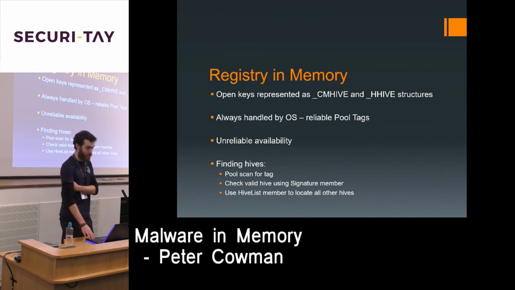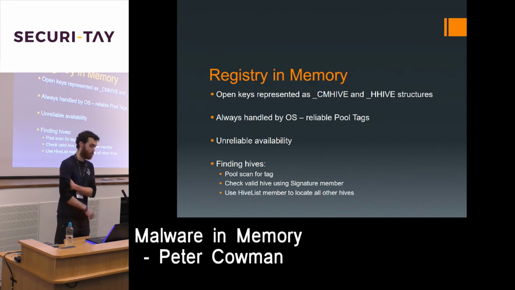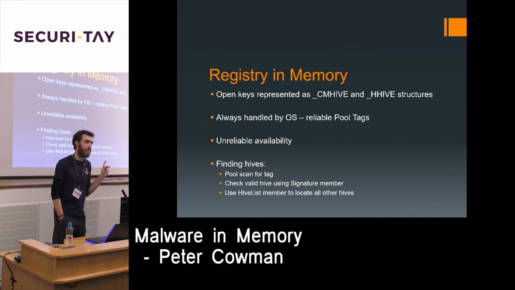So the registry side of things is slightly more complex than the others, as usual when you try and look at the data structures for the registry. It does have the advantage from this point of view that it's always handled by the OS.